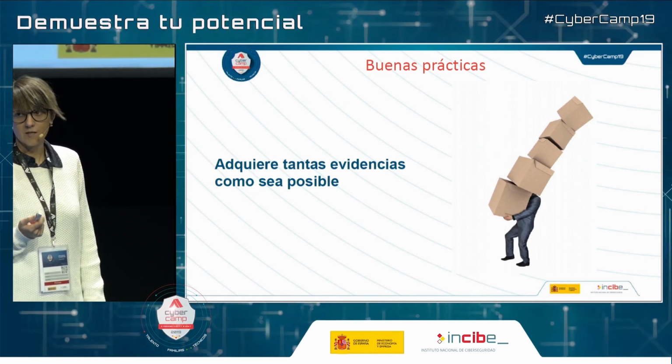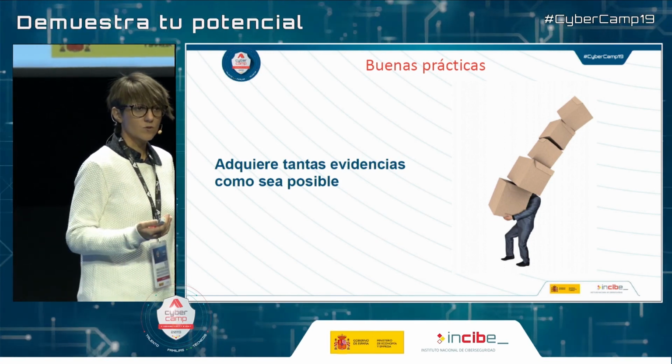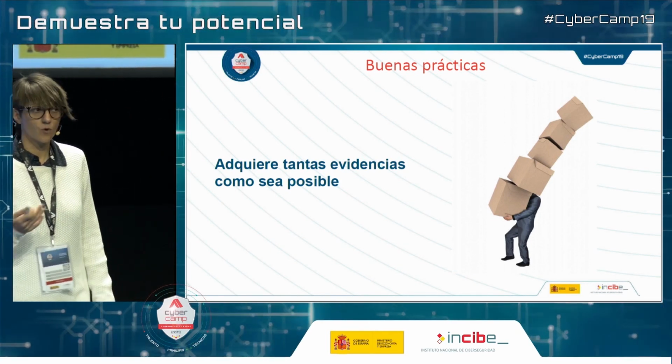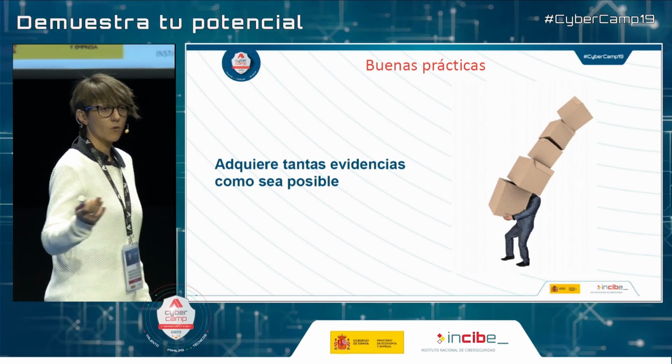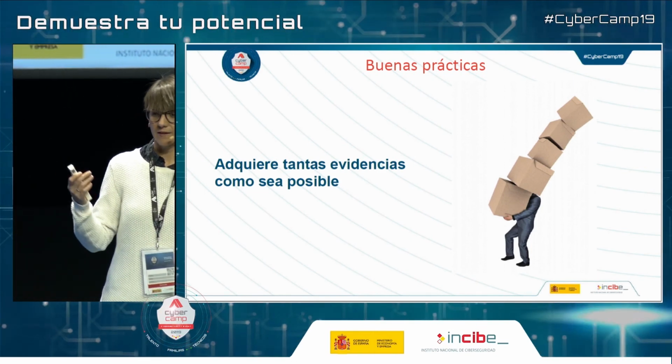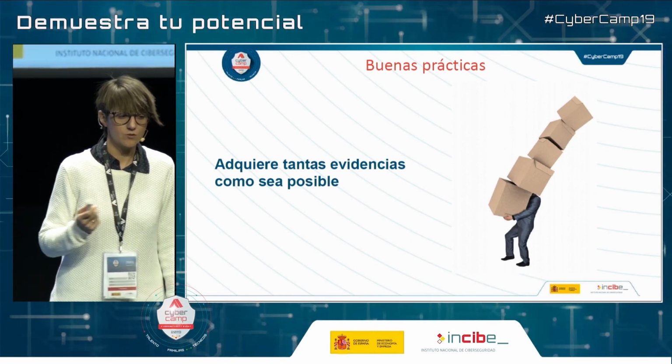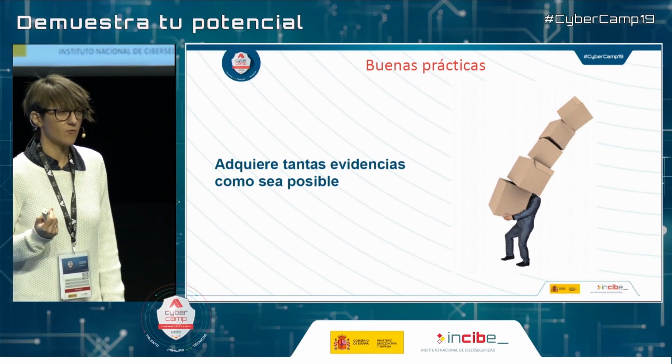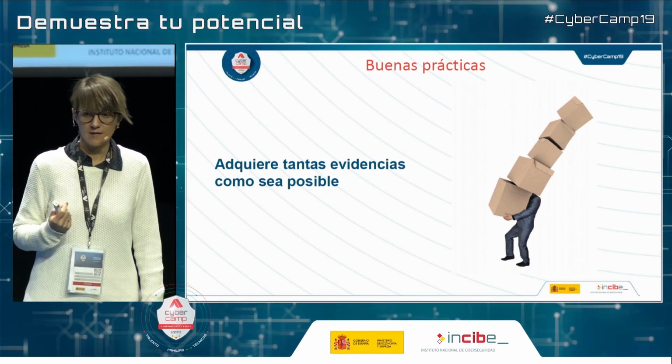Another good practice is to get all of the pieces of evidence that we can. We have to measure the scope and find out what systems have been affected by an attack.